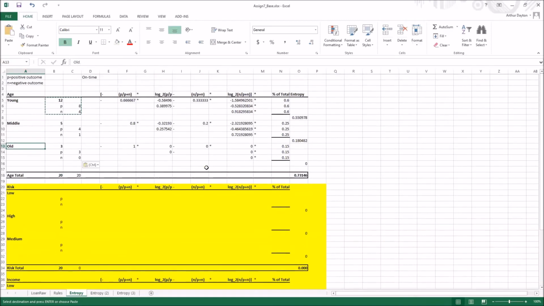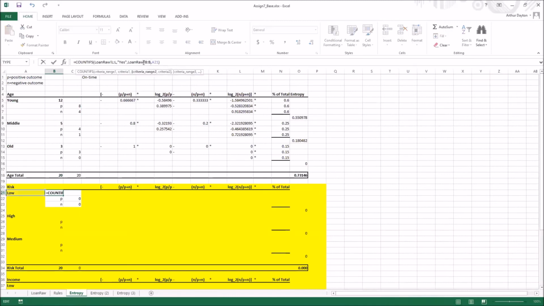If we wanted to do the same for risk, we could just take this and change the column that we were referring to. So let's go ahead and copy our formulas down to this risk. Now we want to change, instead of referring to the age category, to refer to the risk category.